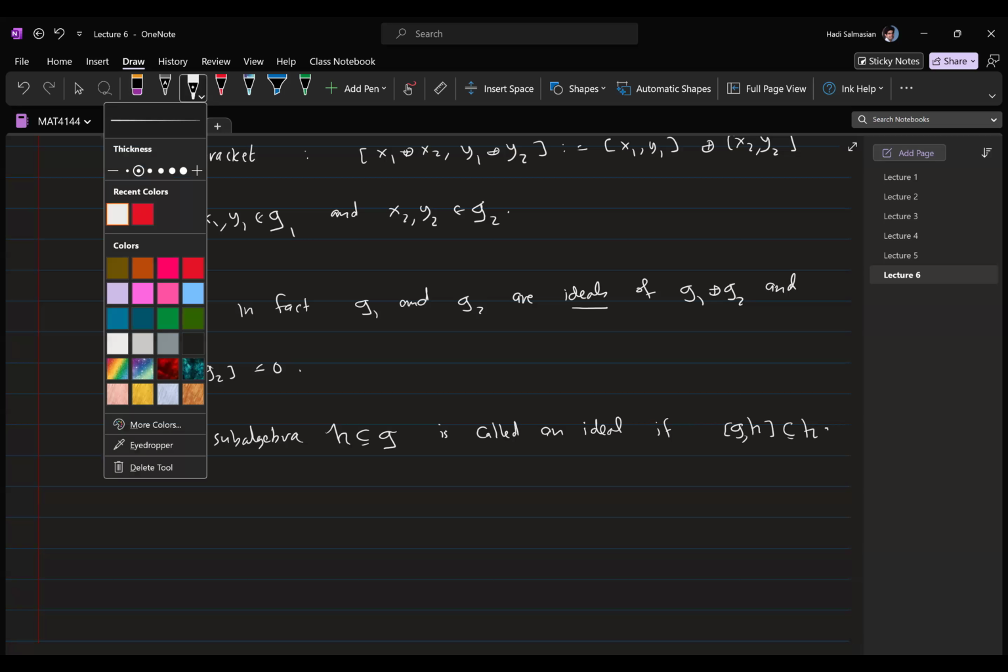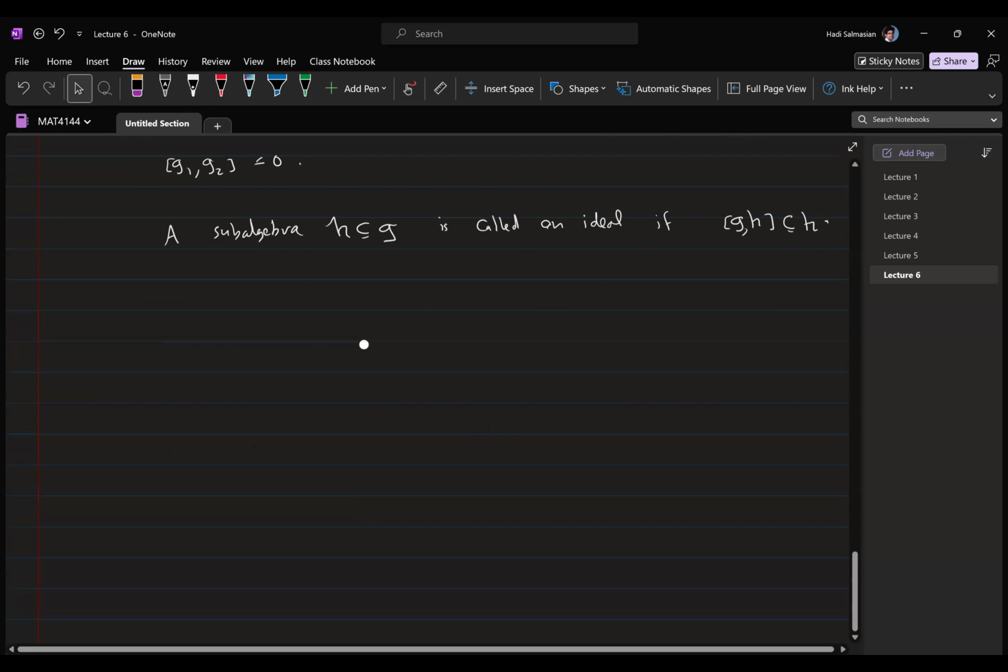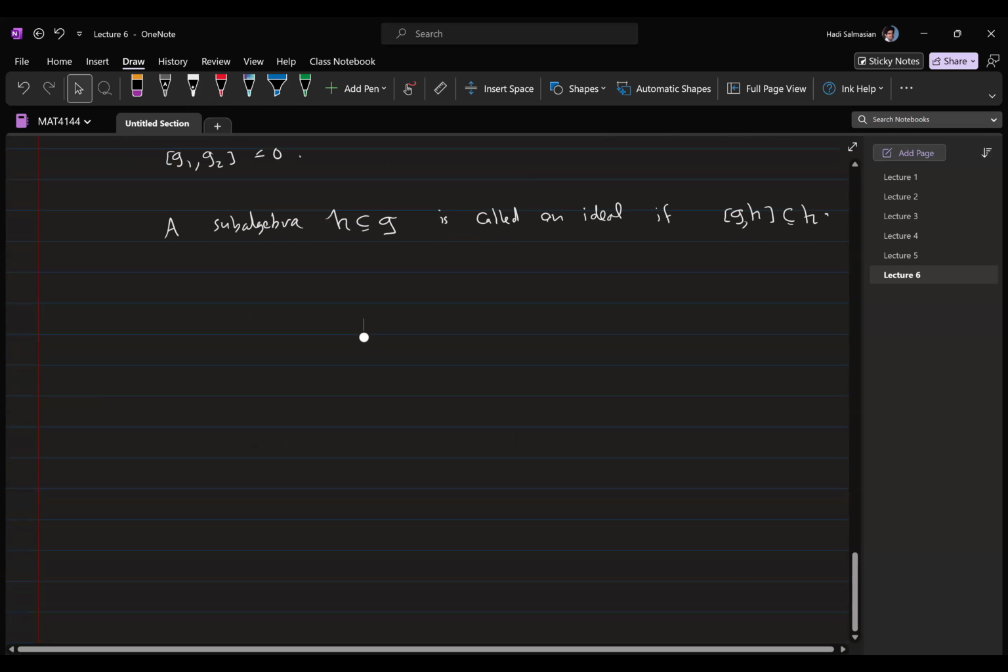And when you have an ideal, just like in an associative algebra, I will not explain all of this, but we can always construct a quotient for an ideal. We are not going to need this much, but anyway, it's useful to know.